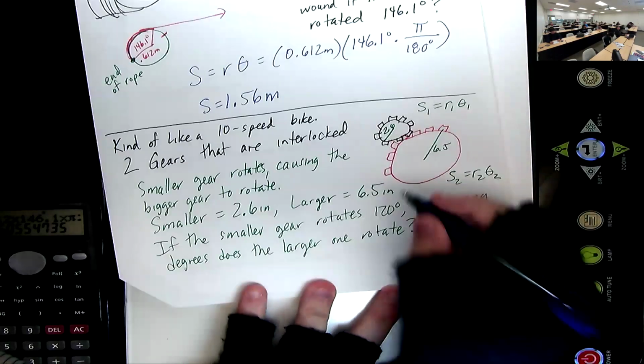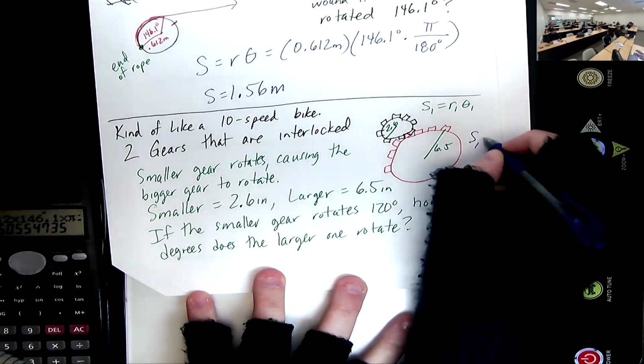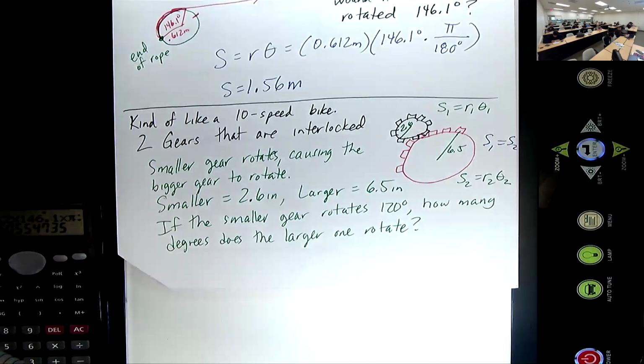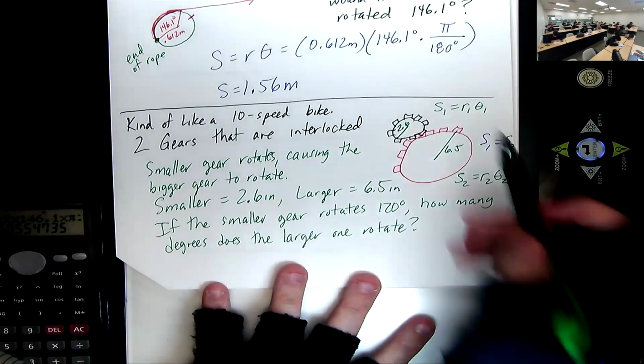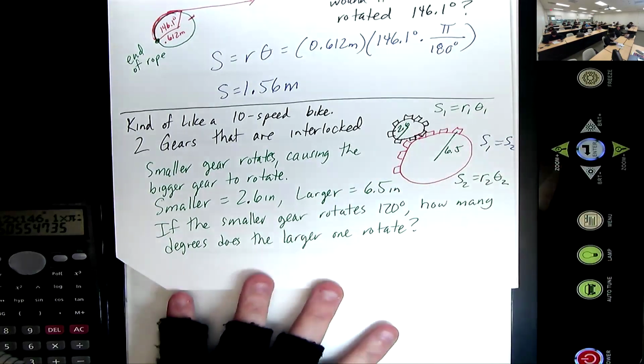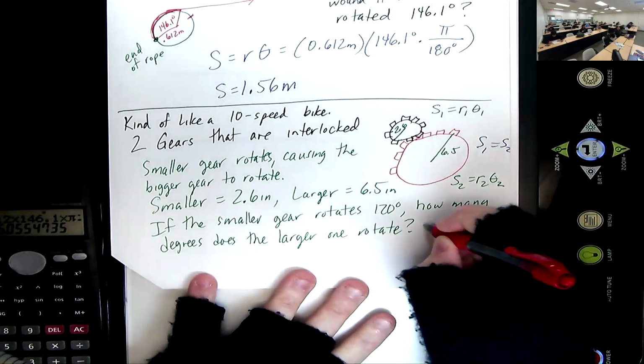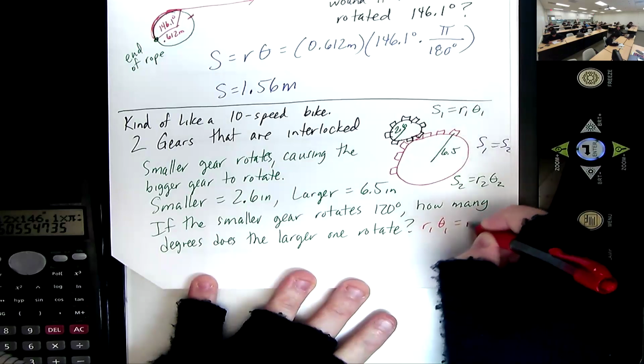So S1 should equal S2, which means I can set those two equations equal to each other. I can say R1 theta 1 equals R2 theta 2.